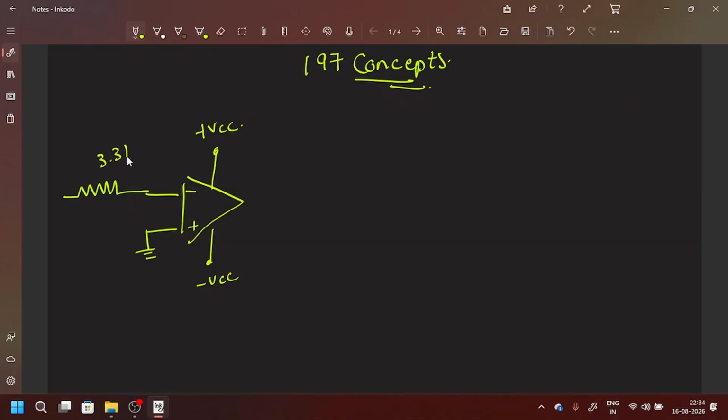And to this we will be having a feedback resistor also. So definitely this is the output. And for this feedback resistor, instead of keeping a regular resistor, I'm going to keep a potentiometer of 1000 K.